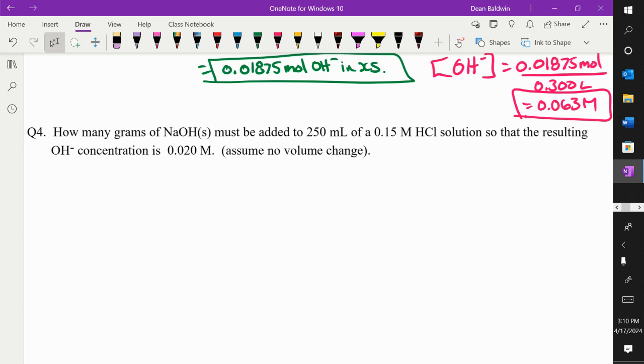So, first thing you've got to do, how many moles of HCl do you have? And well, first thing is, are we dealing with strong acids, strong bases? Yes, because it's all we're doing right now. So, moles of HCl is equal to the concentration times the volume.